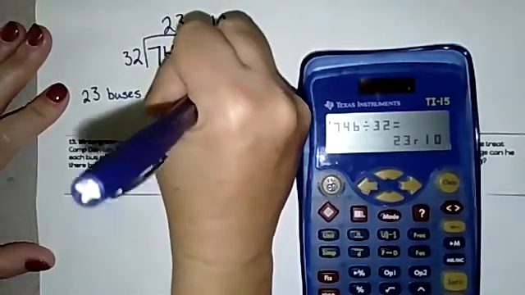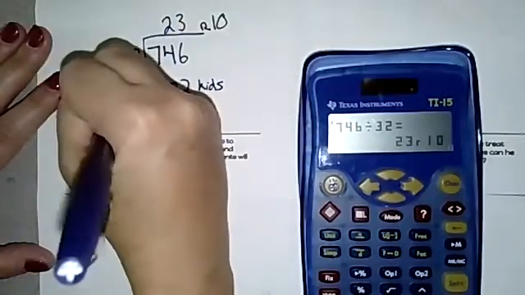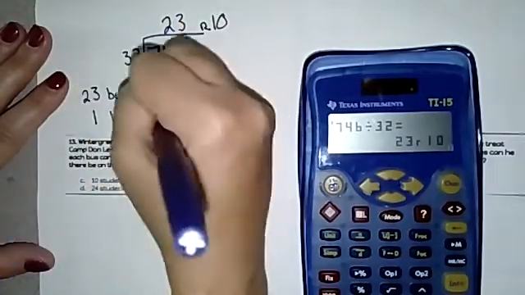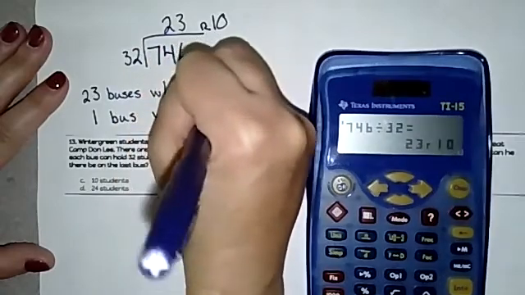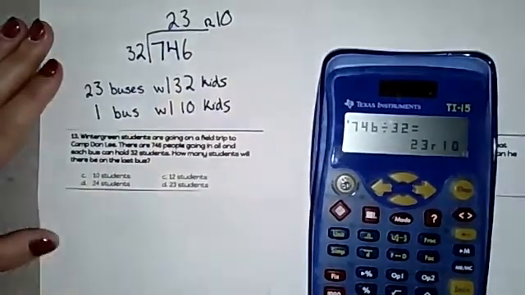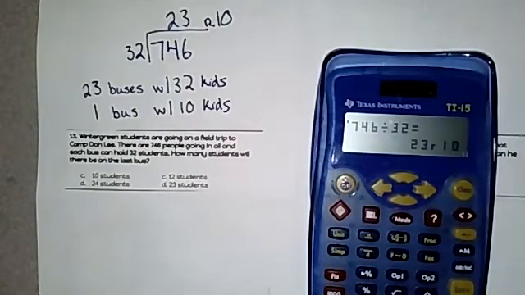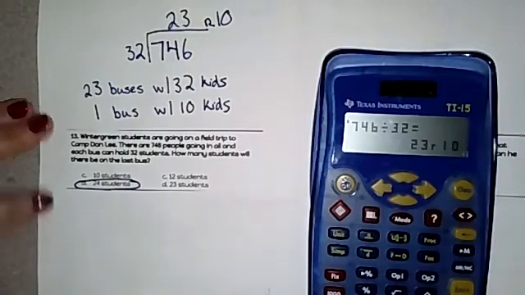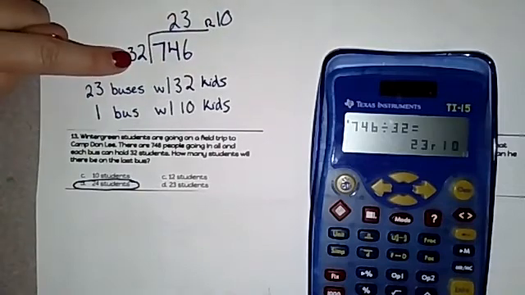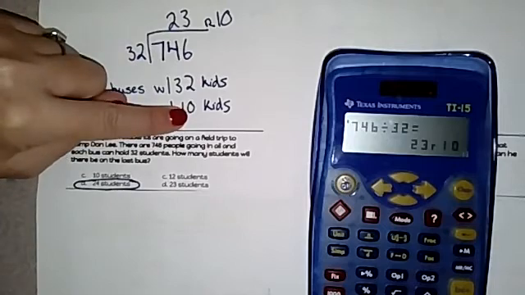And then I'm going to have one bus that has 10 kids. So Layla, how many total buses is that? You are correct, Layla. It is 24. Because I've got 23 that have 32 in it. And then my last bus only has 10 kids in it.